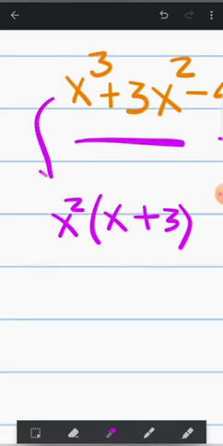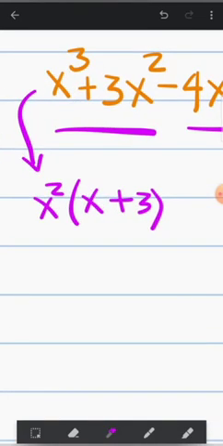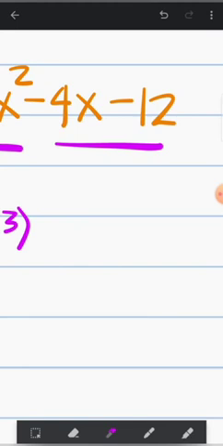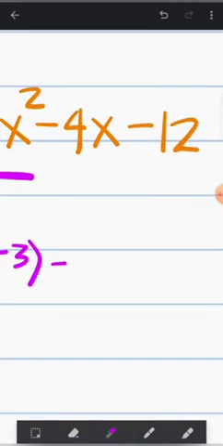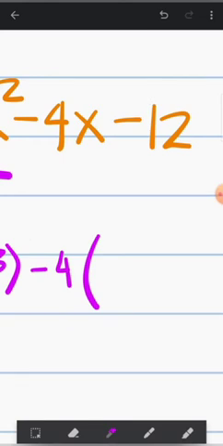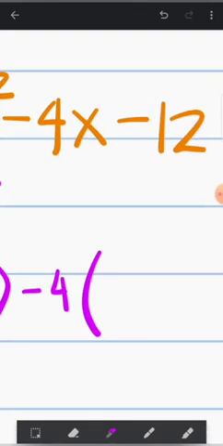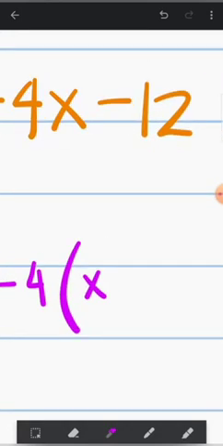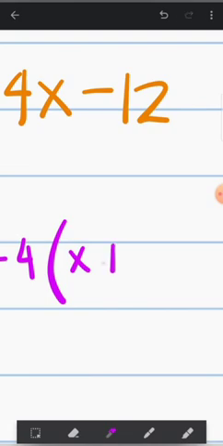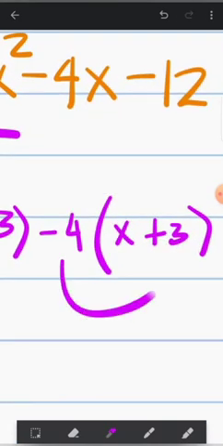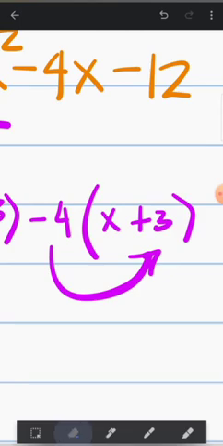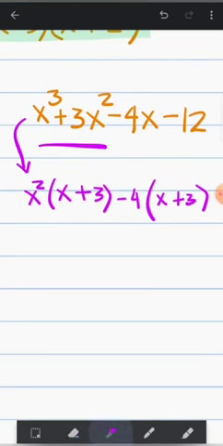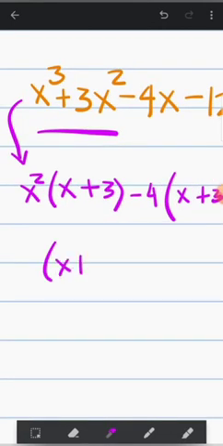And then for this group, minus 4x and minus 12, if you pull out negative 4, you're going to be left with negative x, and if you pull out negative 4 from negative 12, you get positive 3, because negative 4 times 3 is negative 12. So now we've got the factors: x plus 3 and x squared minus 4.